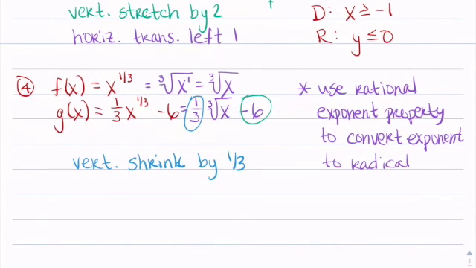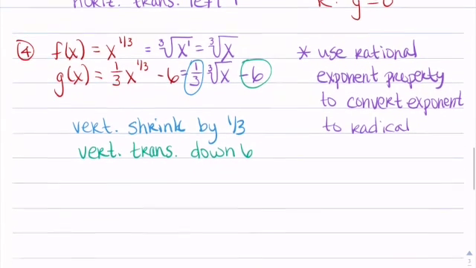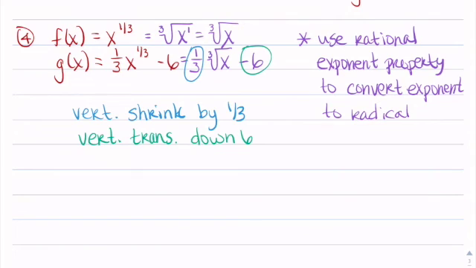So that means it's a vertical translation, because it is not inside with x. And that's going to go down by 6. Negative 6 sends us down. All right, so we have shrunk vertically by 1/3. That means that our graph is going to start becoming more horizontal. It's not going to be quite as fat. And then our center point in this case has moved from 0 in the y direction down to negative 6.